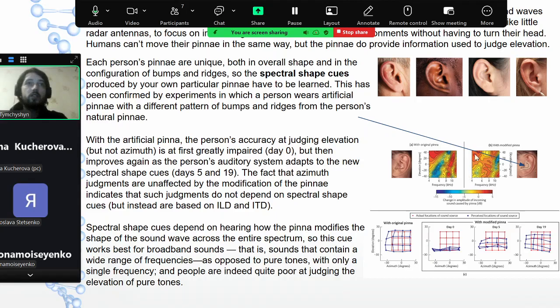It distorts the sound depending on the frequency. Different frequencies are differently distorted, and our brain, recognizing that sound and knowing what it should be and how it comes distorted from the pinna, is able to calculate the vertical position of the sound source.